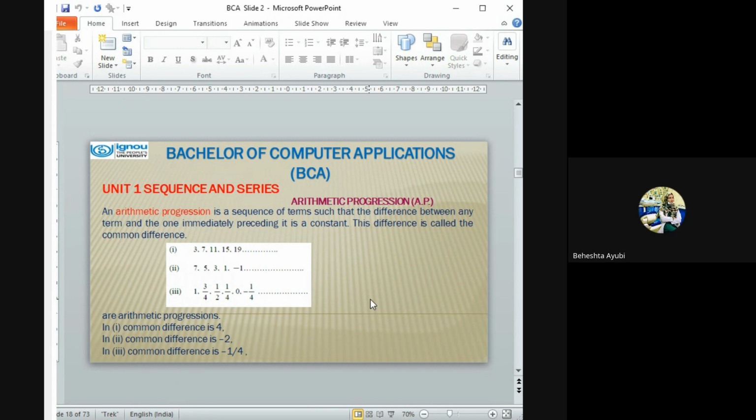I'm asking you what is the difference between the third term and second term in the first case. When you are subtracting 7 from 11, what are you going to get?